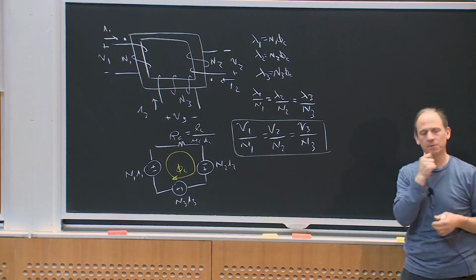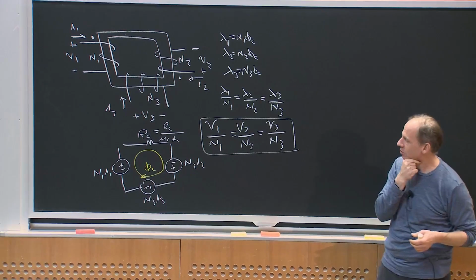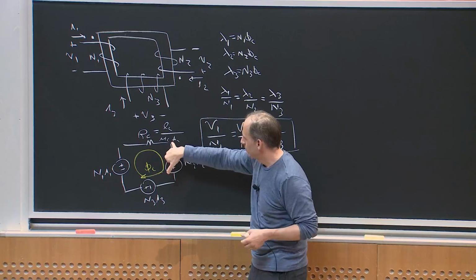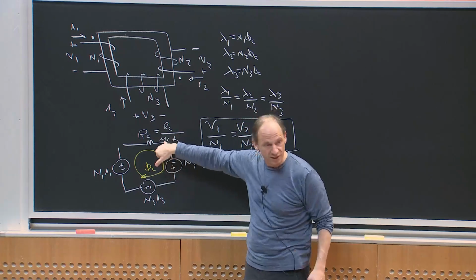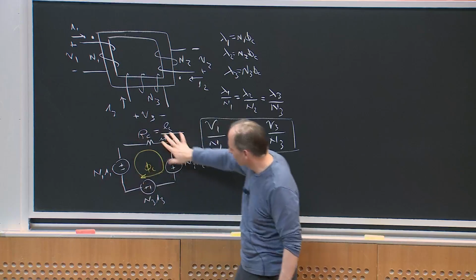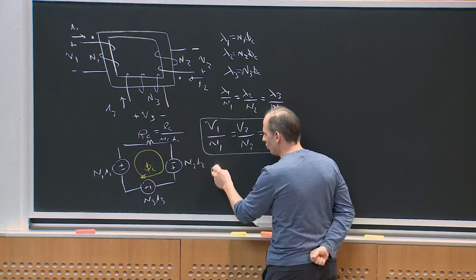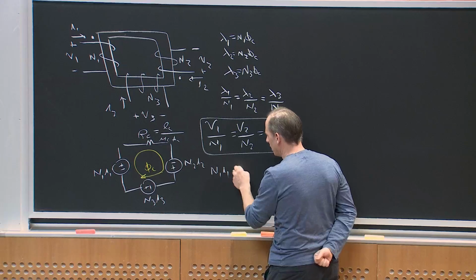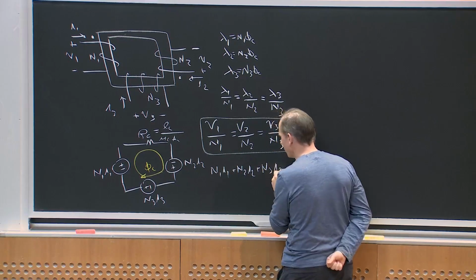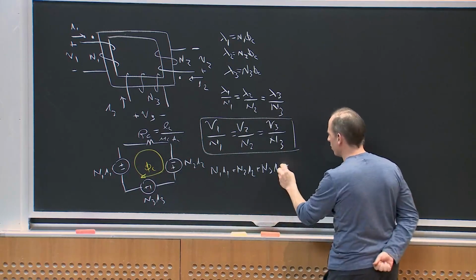Okay? What about the currents? Well, let me do the simplest case here. Actually, let me just do magnetic circuit KVL around this loop. What I get is N1 I1 plus N2 I2 plus N3 I3, that's the sum of these voltages, must equal phi core R core.